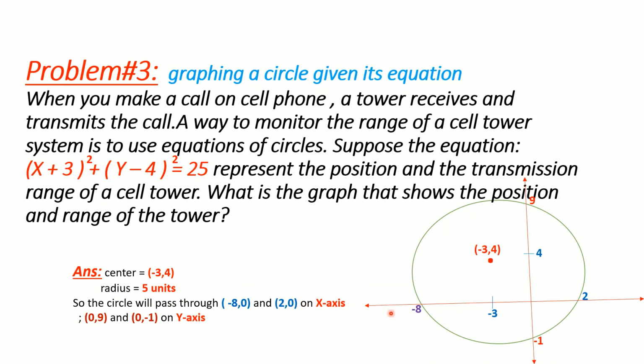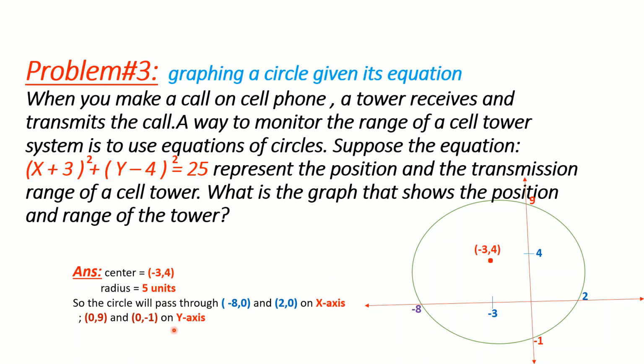Because we have to depend on this position. From the center, negative 3, if the radius is 5, it should go 5 units to the left and 5 units to the right, which means the distance between -3 and -8 is 5 units. Again, the distance between -3 and positive 2 is 5 units.